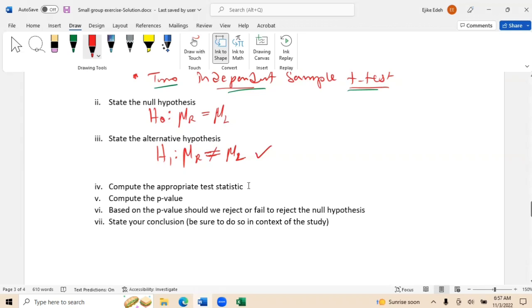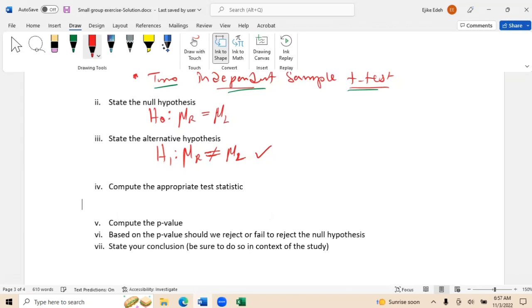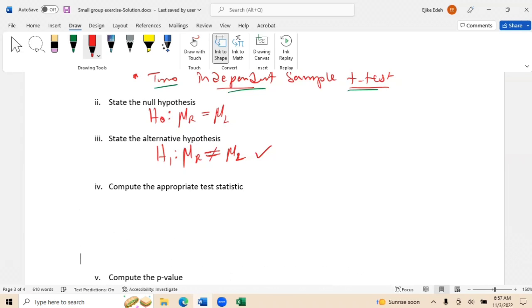Okay, so let's go ahead and compute the test statistic. The test statistic for an independent sample t-test, right? It's a t-test. Let's put independent here to make it clear.